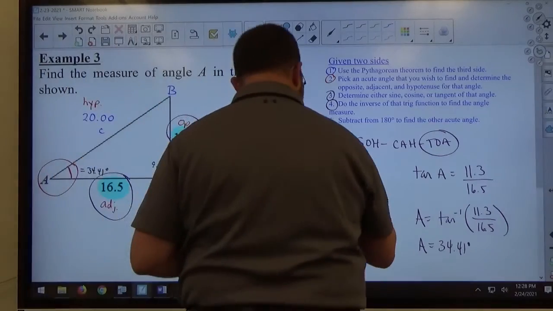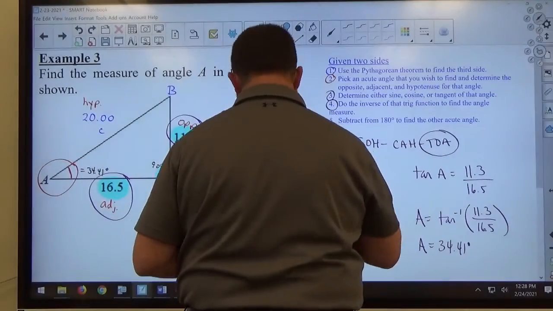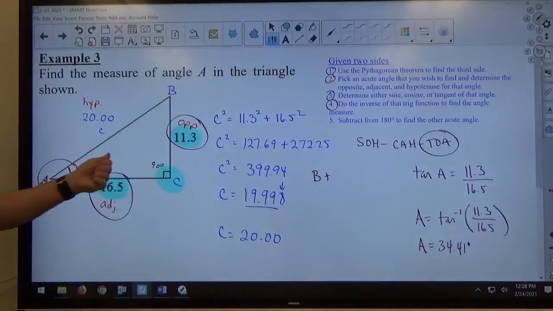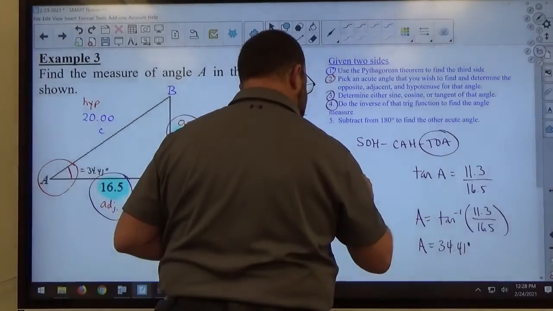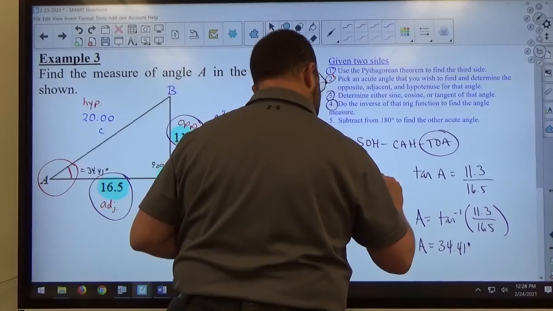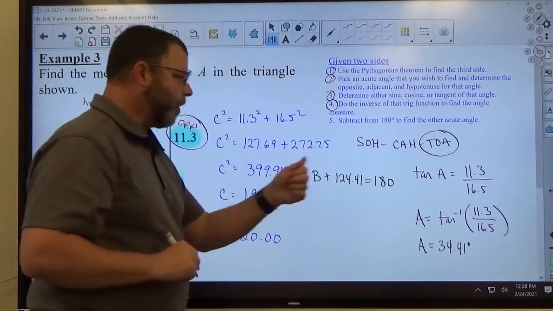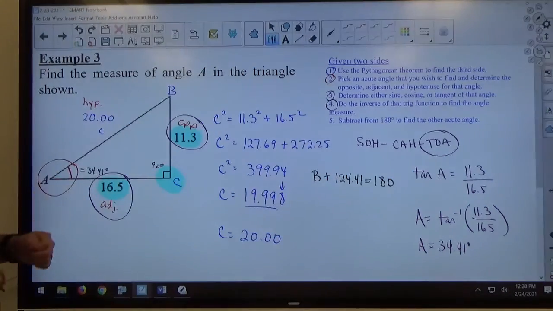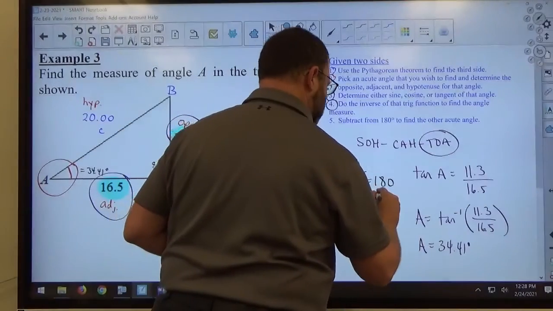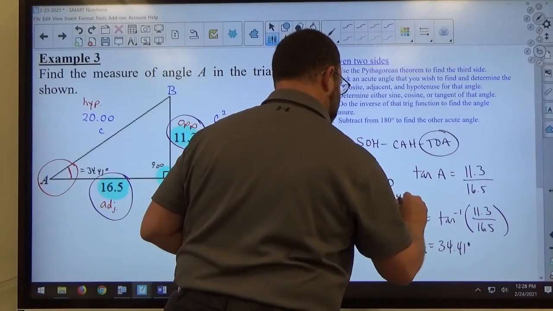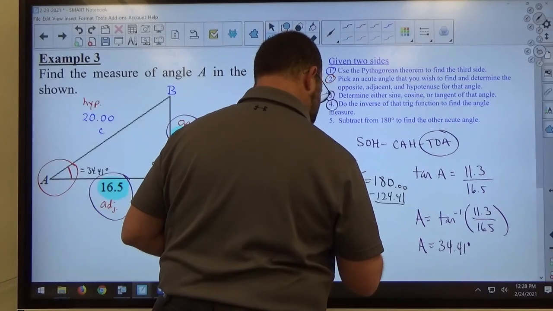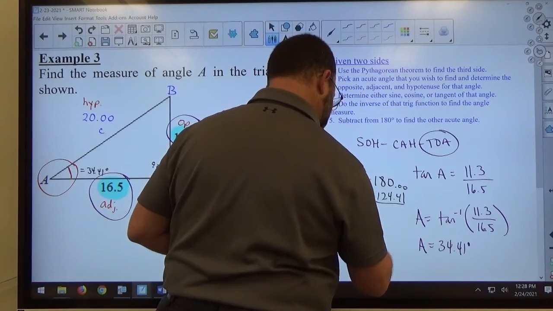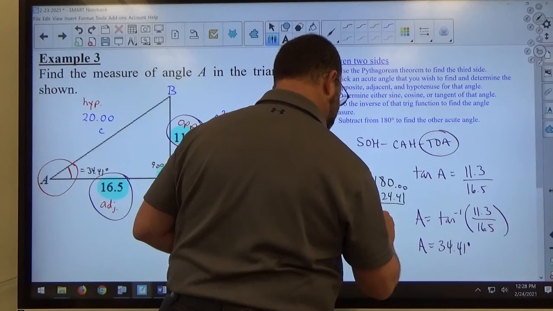So angle B plus 90 plus 34.41 is 124.41. And all three angles add up to 180. So if I subtract 124.41, I'm going to get 55.59 degrees.